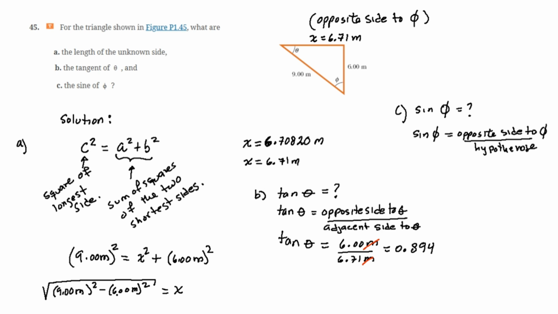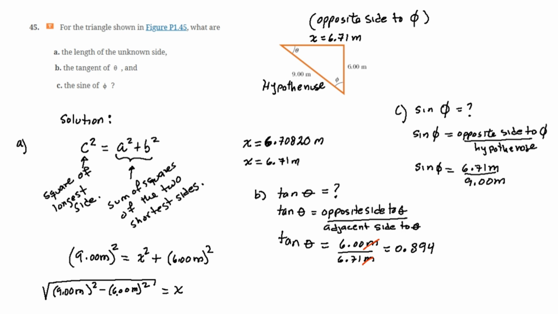And who is the hypotenuse? The hypotenuse is always the longest side. So the hypotenuse is going to be 9. So the sine of phi would be 6.71 meters divided by 9.00 meters.